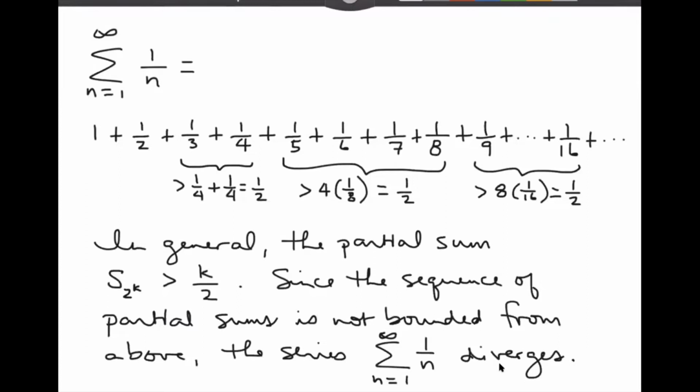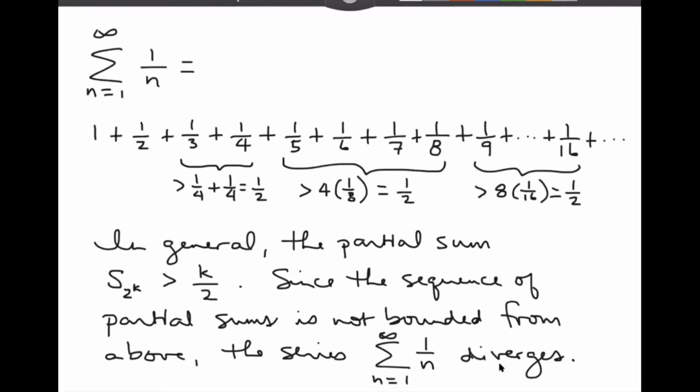And what we've shown here is that in general, the partial sum S sub 2 to the k is greater than k over 2. Since the sequence of partial sums is not bounded from above, by the corollary to Theorem 6, the series, the sum n equals 1 to infinity of 1 over n, diverges.